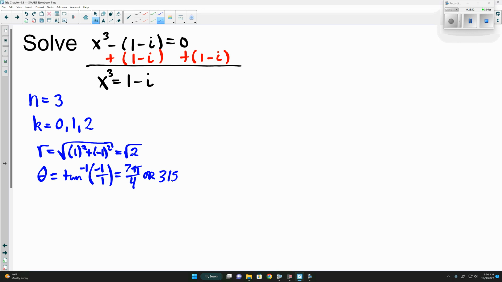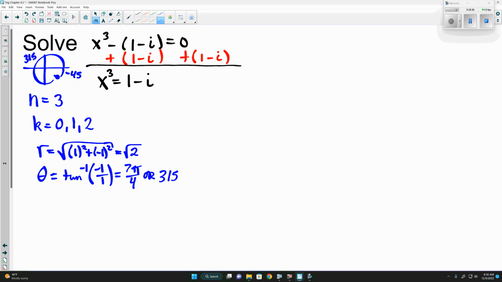Thinking of the complex plane, 1 negative 1 is in the fourth quadrant. So to get the correct angle, I added 360 to it, because it is just telling us that this angle here is our negative 45. So this angle here is 315. Does that make sense how we get there?